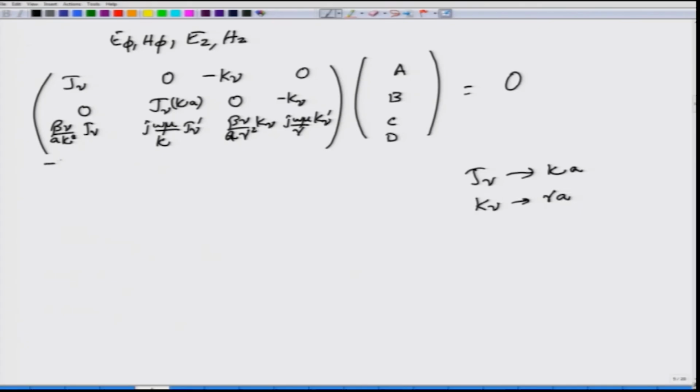The last row is beta nu. Please verify that you have actually written these equations down correctly.